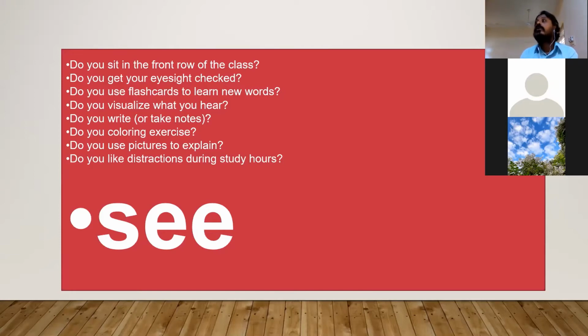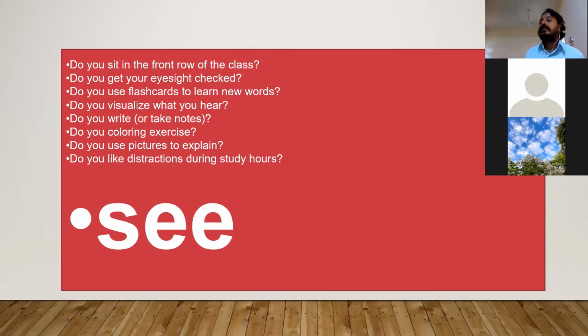Questions will help you to understand the learning styles of your class. So they like coloring exercises because it's visually appealing, all the colors. You can use pictures to explain, and they may get distracted easily. So those students who are visually learning, they might look outside the window if there is the slightest chance where the teacher has lost control.